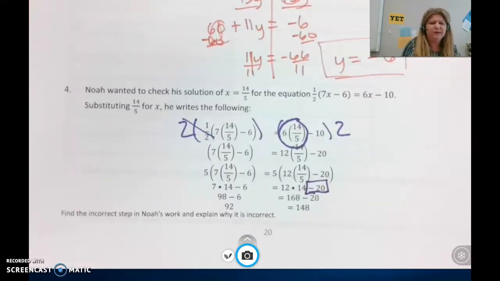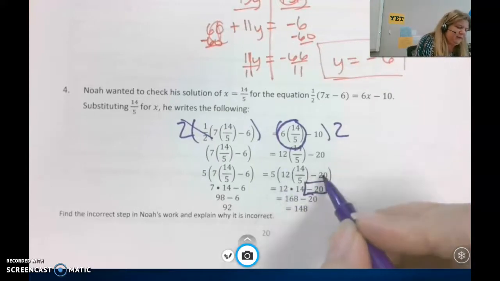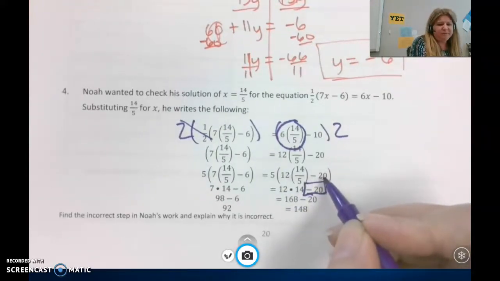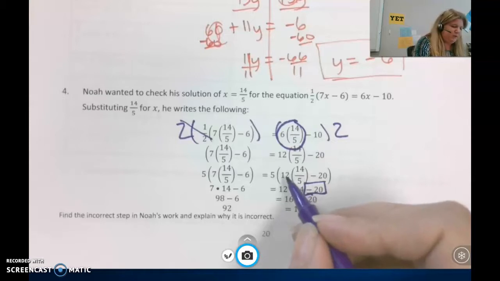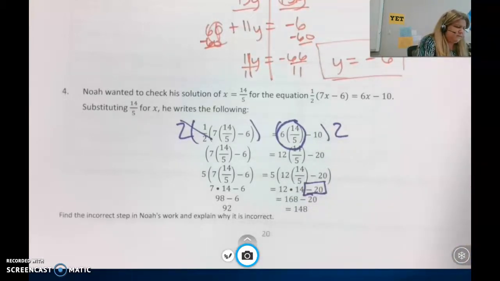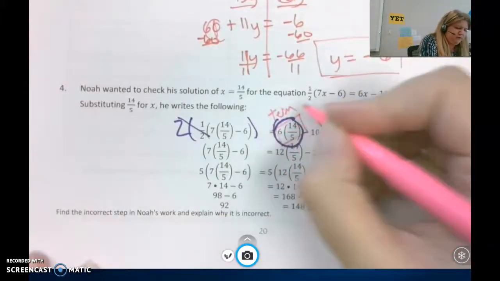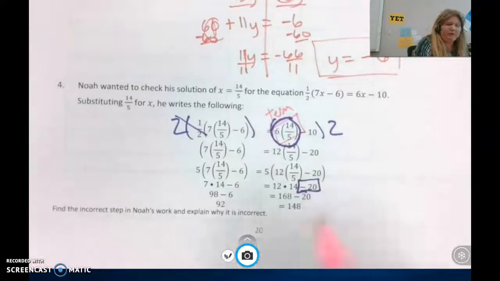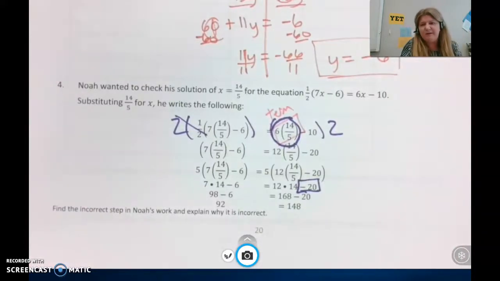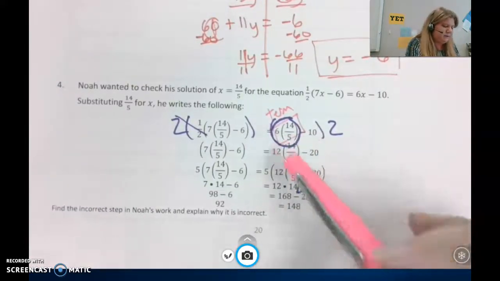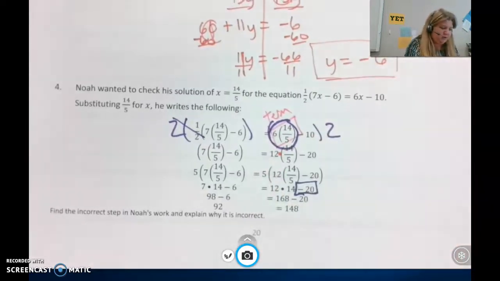I'm kind of wondering if this could be a point of confusion for some people, like, why do we need to multiply the 5 by the 20 but not by the 12? Well, this is going back up to this part. This is one term, right? You have to distribute to each term, and terms are separated by addition or subtraction. So if it's just multiplication, that's still the same term. So as long as you multiply by one part of the term, then you're good.